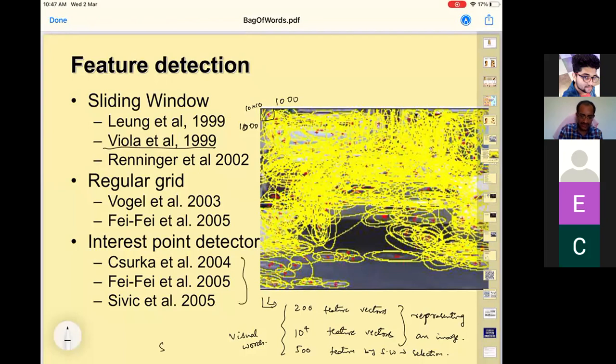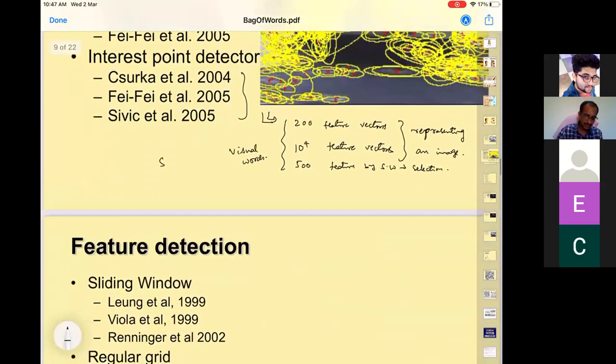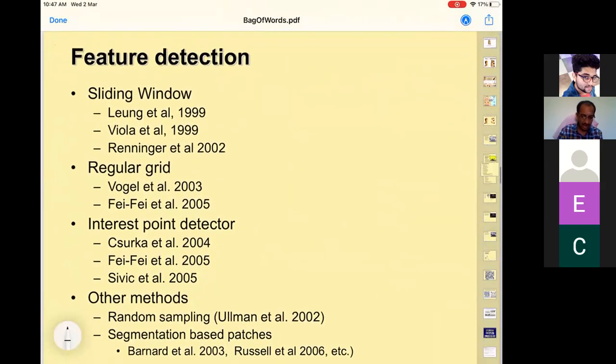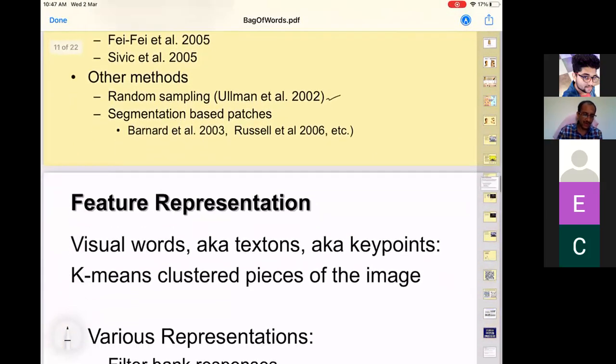After that, the other things are all slight extensions of that, representing in a better way rather than a rectangular patch, such as an elliptical patch and so on. Even random sampling is also considered: instead of taking all regular grid locations, can we go with random sampling?